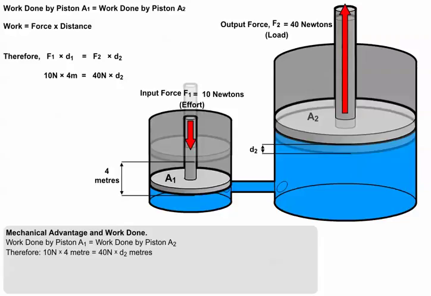So 10 newtons multiplied by 4 meters equals 40 newtons multiplied by d2, the distance moved by piston A2. This gives 40 joules equals 40 newtons times d2. Therefore, the distance through which piston A2 rises must be equal to 1 meter. That is, a quarter of the distance travelled by piston A1.